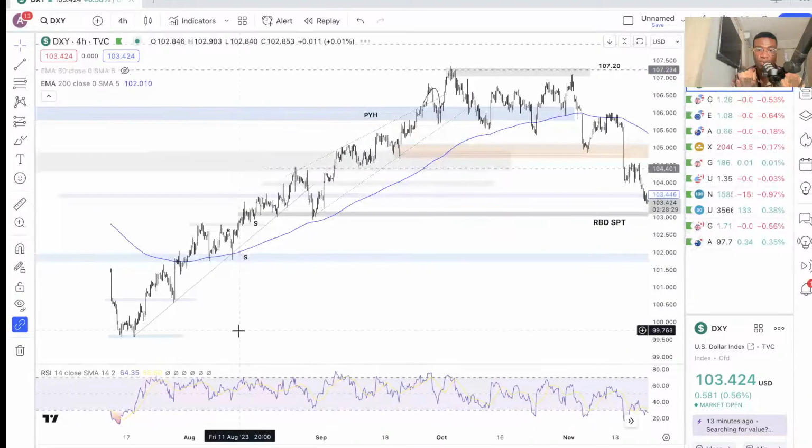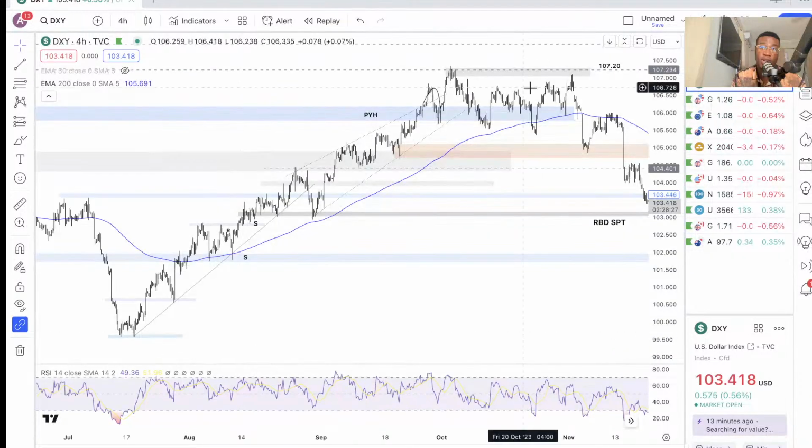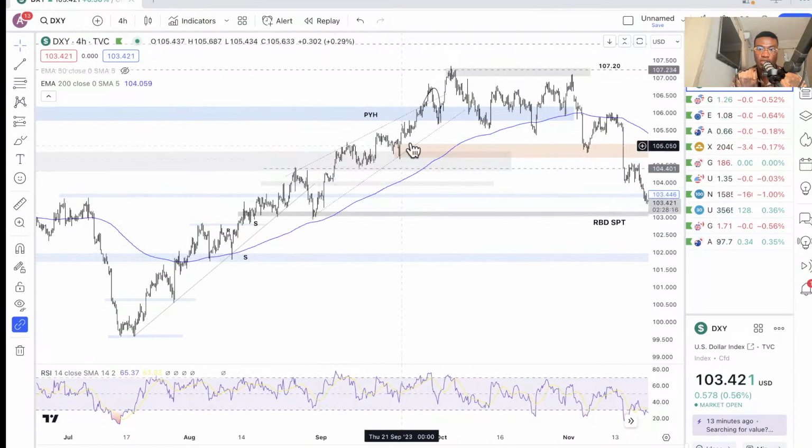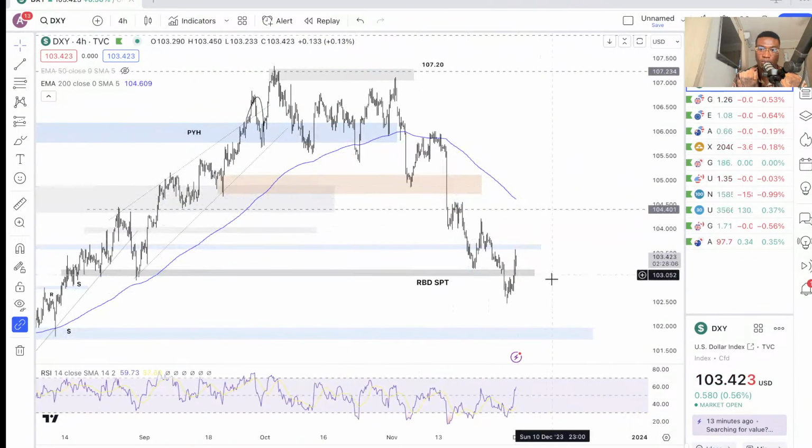You can see that the market was trading above the 200 period moving average, an uptrend all the way from the break above the retest, with multiple bounces since August, all the way up to November, where we had the break below the retest, and now the market is trading below the 200 period moving average.